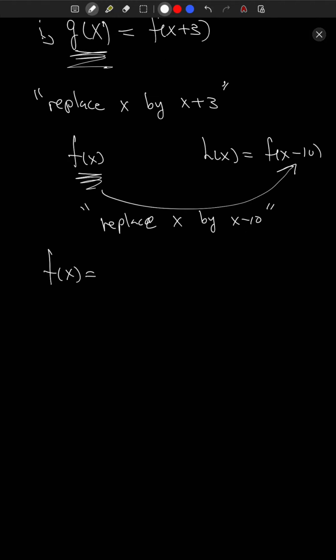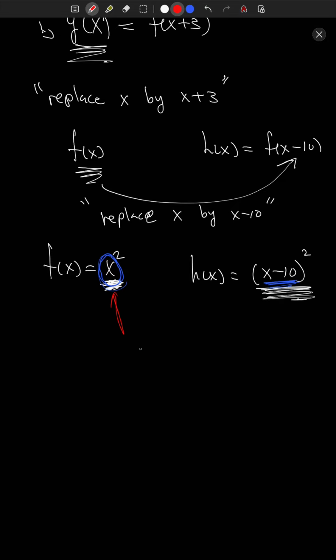If f of x were x squared, and h of x were (x minus 10) squared, what's the difference between these two formulas? The difference between x squared and (x minus 10) squared. Well, the difference is every time I see an x in the original expression, I'm replacing it with x minus 10. So in the original expression, I have x squared. So now I have (x minus 10) squared.